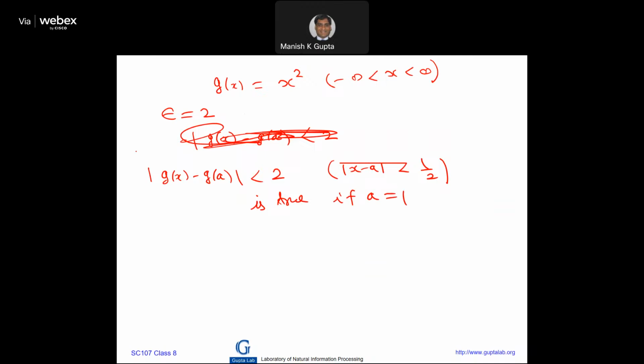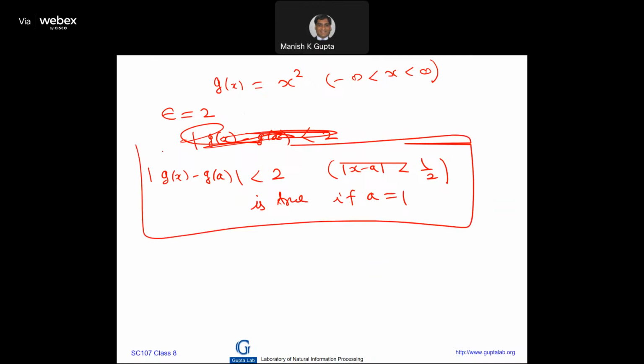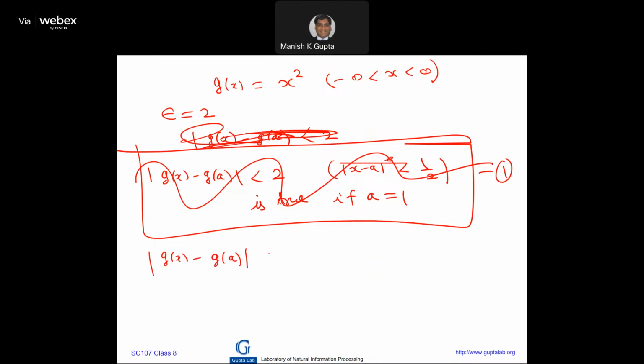First of all, I want to put it in a box. This is equation 1. The bar is not there, so maybe I should write it again, because it creates confusion. So we say that mod of g of x minus g of a is less than 2 whenever mod of x minus a is less than half.